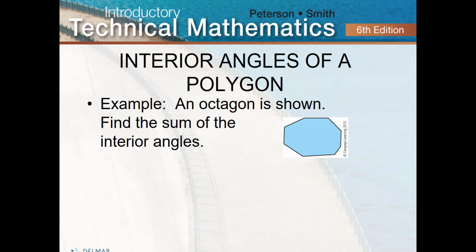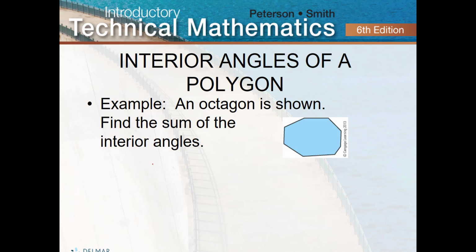So this is an octagon. It's not probably the octagon that you're thinking of from MMA fighting, but it's still an octagon. It's got 1, 2, 3, 4, 5, 6, 7, 8 sides. All right, so it says find the sum of the interior angles.